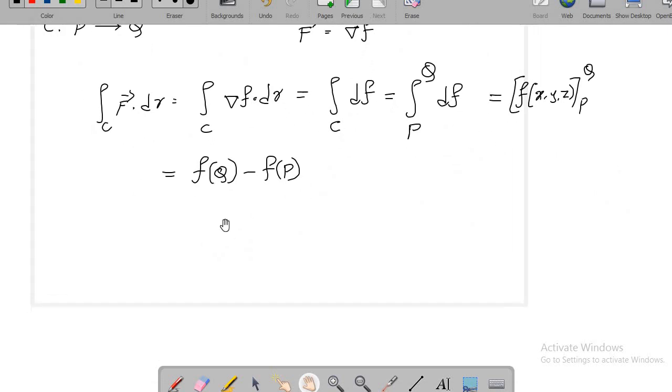So if the vector field is conservative, then the line integral is independent of path. The final answer depends on the starting point and the ending point only.